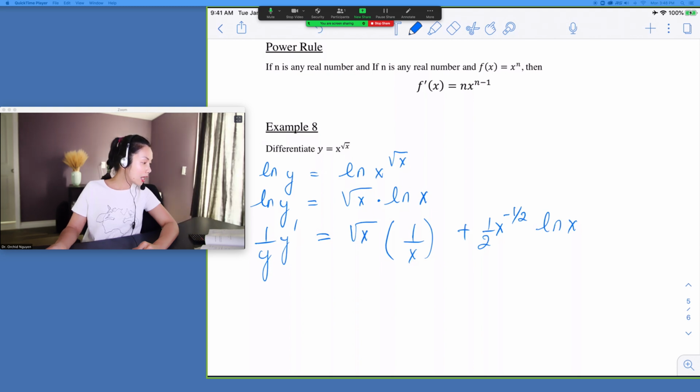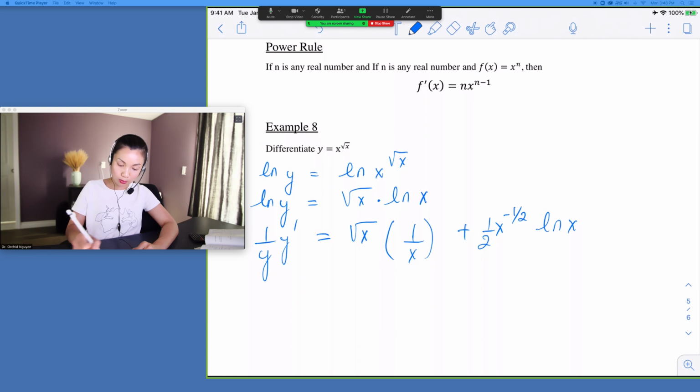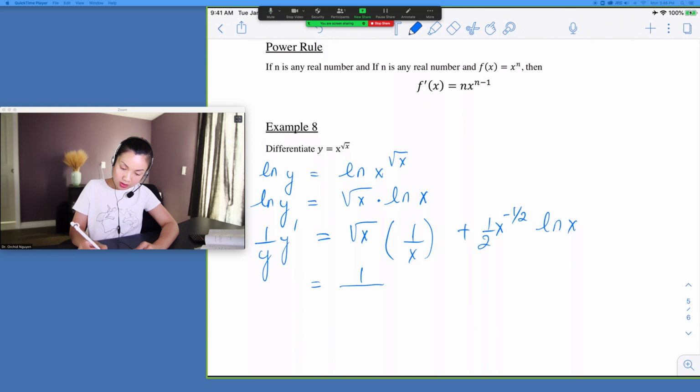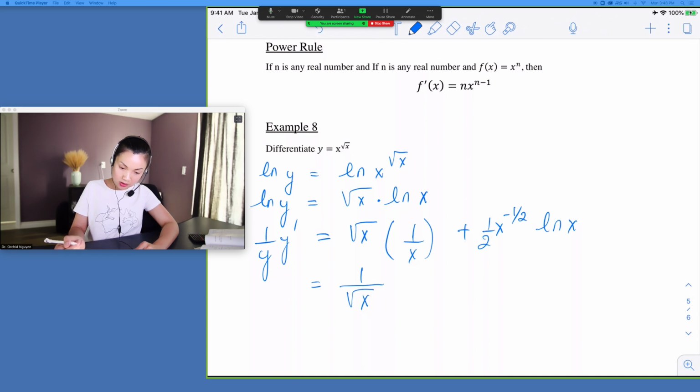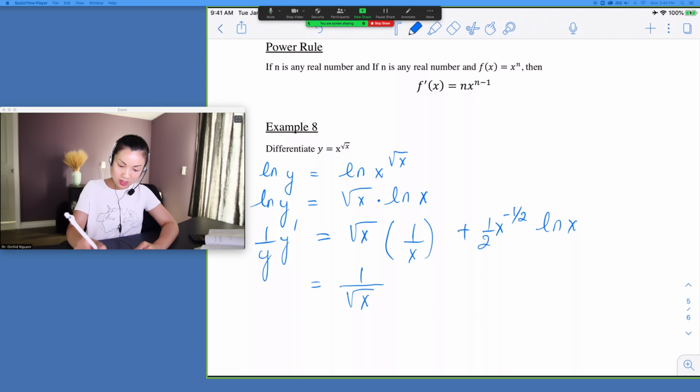All right, now we're going to simplify this. It looks way too messy. The first one, you see that we have 1 over square root of x. Why do I have 1 over square root of x? Because of this.